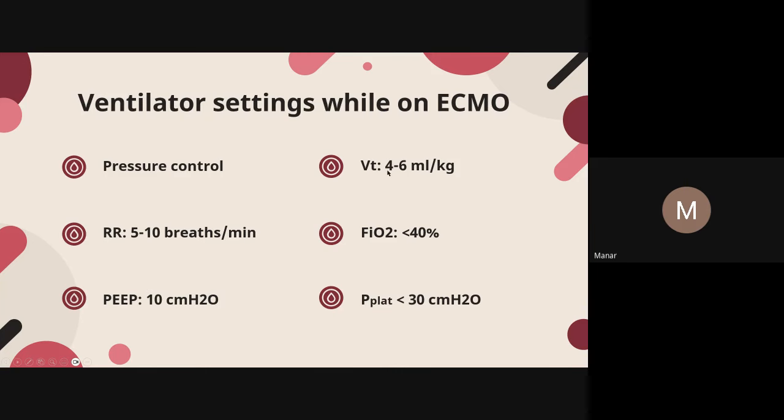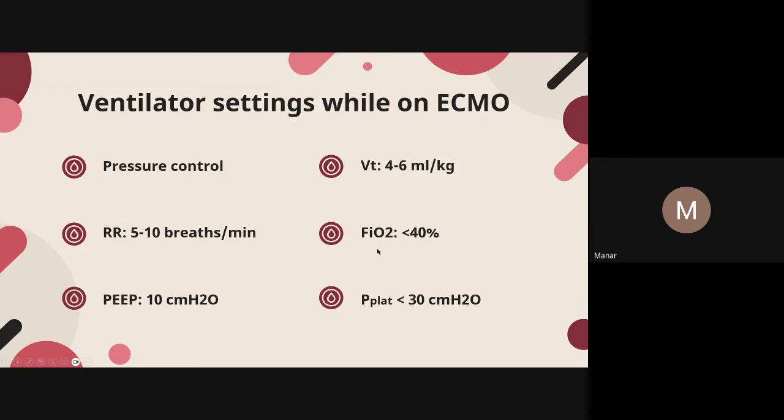And then we want to keep the tidal volume low, so 4 to 6, advisably 4. Some sources also say to reduce the tidal volume to 50% of the previous value. So for example, if the patient was on 500 tidal volume, we're going to reduce it to 250.